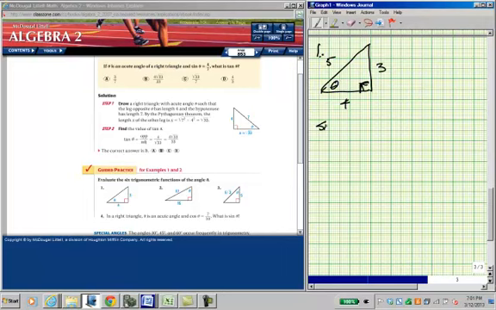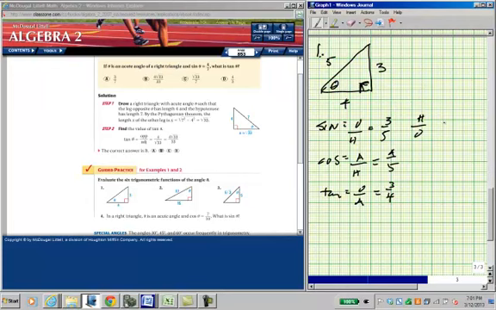Okay, so the sine, opposite over hypotenuse, is going to equal 3 over 5. Cosine, adjacent over hypotenuse. Okay, that's going to equal 4 over 5. Tangent, opposite over adjacent. That's 3/4. And now we'll do the inverses.